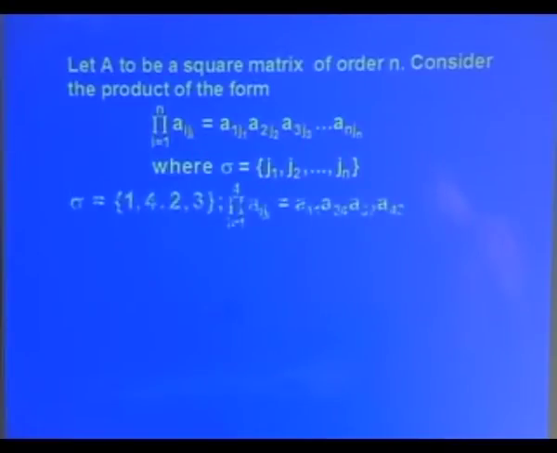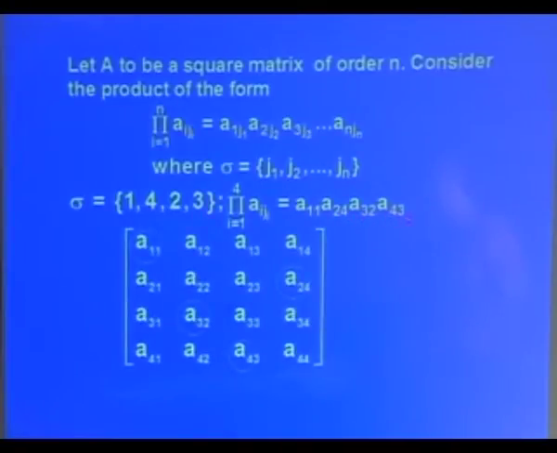Now, if we consider for example sigma as this permutation, then this product for i equal to 1 to 4, a_{i j_i} will be a11, a24, a32 and a43. So, if we consider this product and this square matrix, then this product basically means that we are considering this term multiplied by this term and this term.